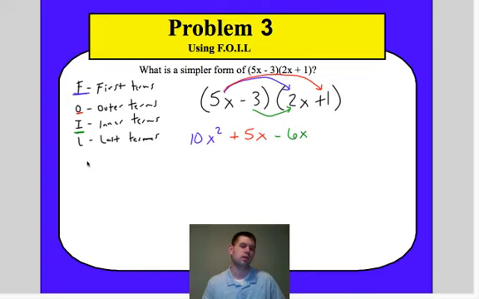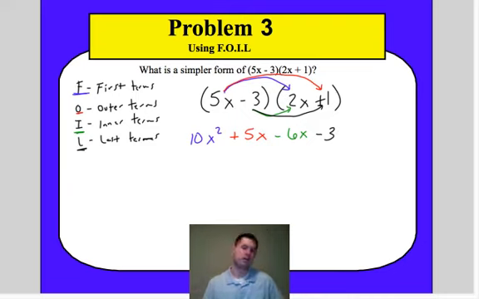Then we go to the last, L, which just means take the last terms in the two binomials and multiply those. So negative 3 times 1 gives me negative 3. Again, we have the first terms, the outer terms, the inner terms, and then the last terms of the binomials.